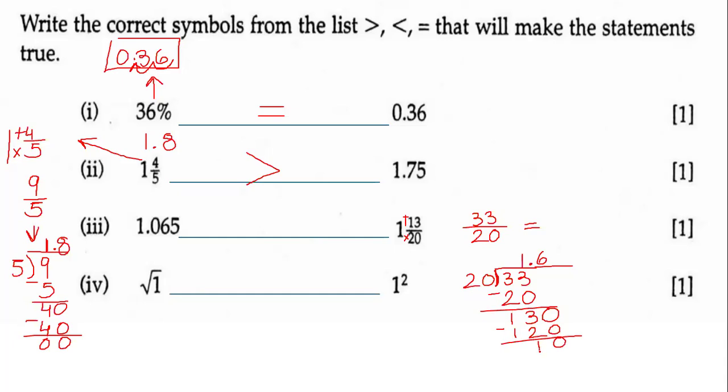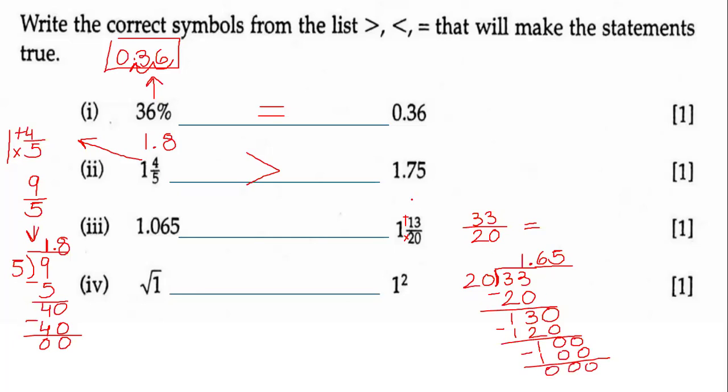Very good. And how many times does 20 go into 100? You gotta add a 0. That's 5. So 20 times 5 is 100. And 100 minus 100 is? 0.